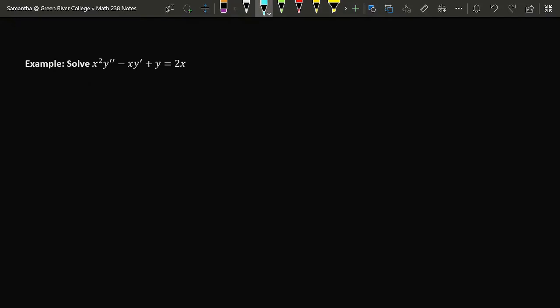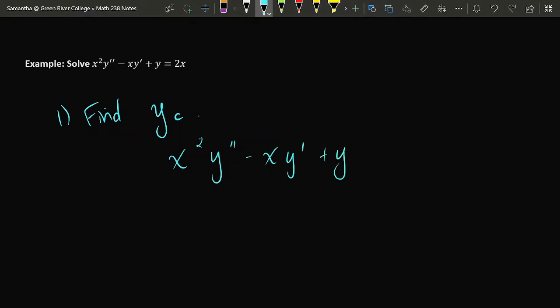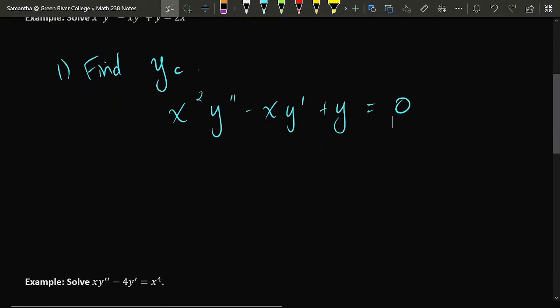So having acknowledged that, let's start as always by finding y sub c. Let's find the solutions to the version of this equation with 0 on the right side. Now, for a Cauchy-Euler equation, our guess is different than what it is when we have a constant coefficients equation.